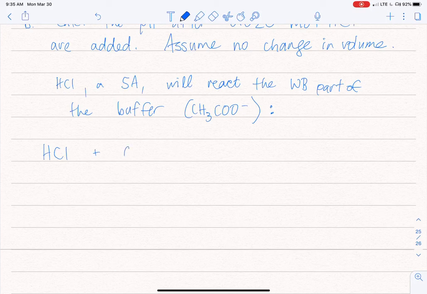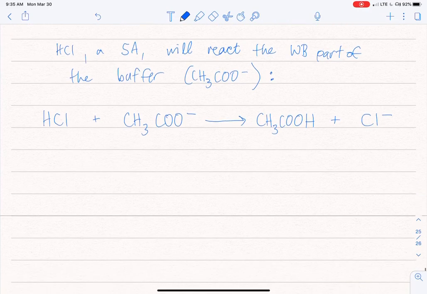HCl reacts with the base component of the buffer. I'm leaving out my aqueous species indicators. Now, since it's a strong acid, this reaction is not equilibrium. It goes to completion. And that strong acid protonates the weak base to make its conjugate acid, acetic acid. What's left over after HCl donates that proton is just the spectator ion chloride, right? Chloride, you remember, is a non-base because it's the conjugate of a strong acid, so it doesn't have any interesting acid-base properties.